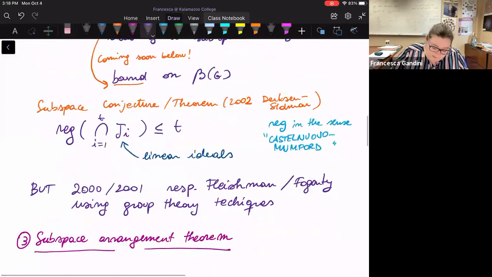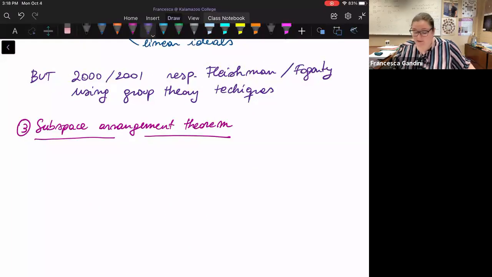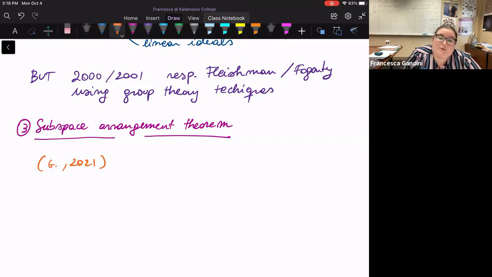So let me tell you about the subspace arrangement theorem and how I generalize it to the exterior algebra. So in short, if you are getting distracted, I'm going to give you the theorem here. And the version of this in the symmetric algebra is what Derksen and Sidman have proved.